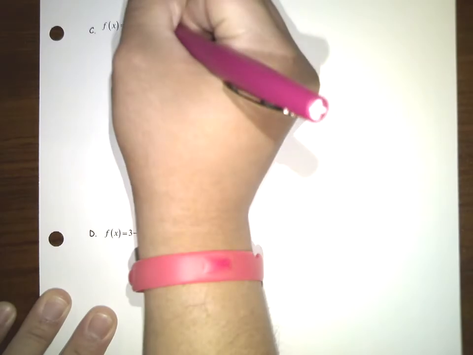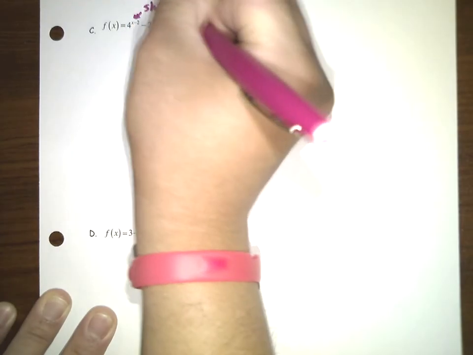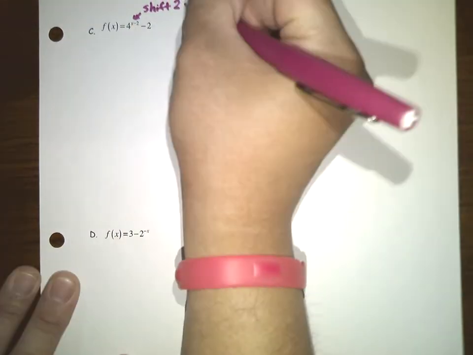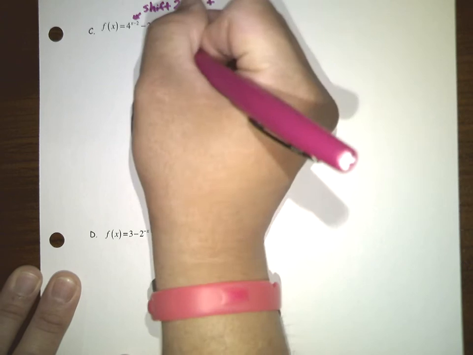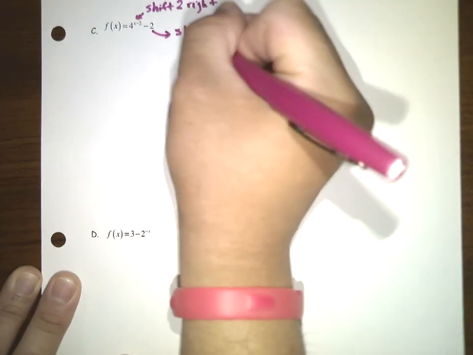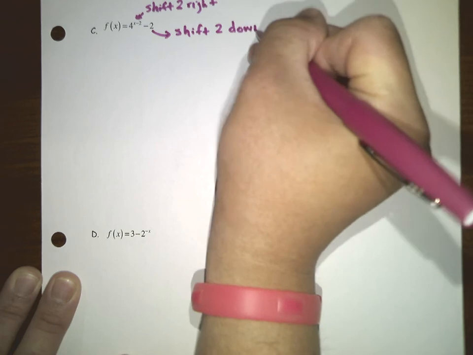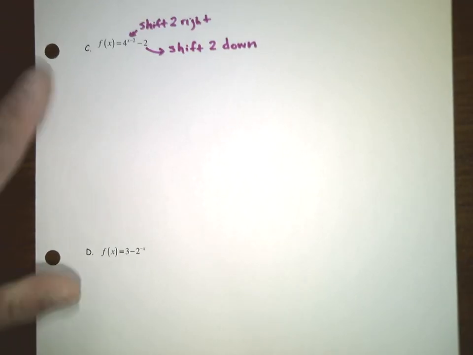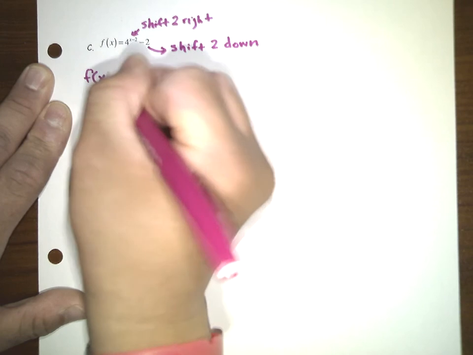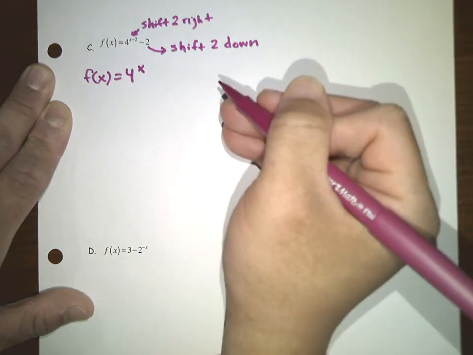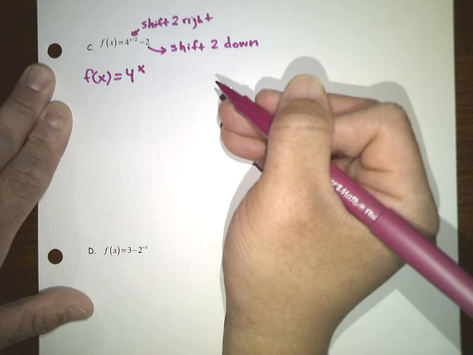So that would mean a shift 2 units to the right, and the minus 2 after means the shift 2 units down. All right, so if I want to write this in the format of, say, f of x was 4 to the x, that's a base graph, then what would I do then?